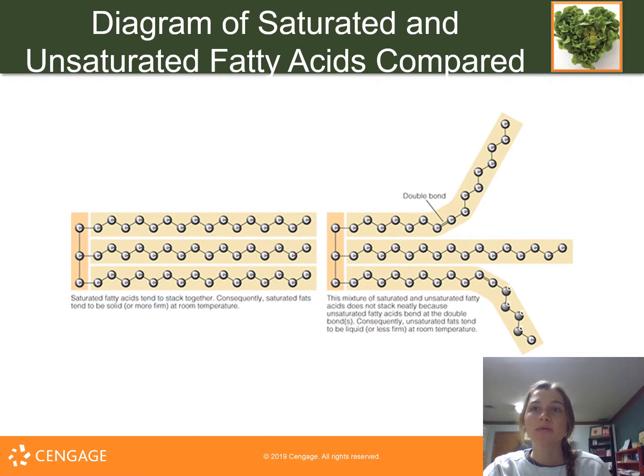And so what we just talked about in this last slide, you can see how the saturated fatty acids tend to stick and stack better together because they are straight, and the unsaturated fats are more branched and kinked, and so that leads to their liquid consistency at room temperature.